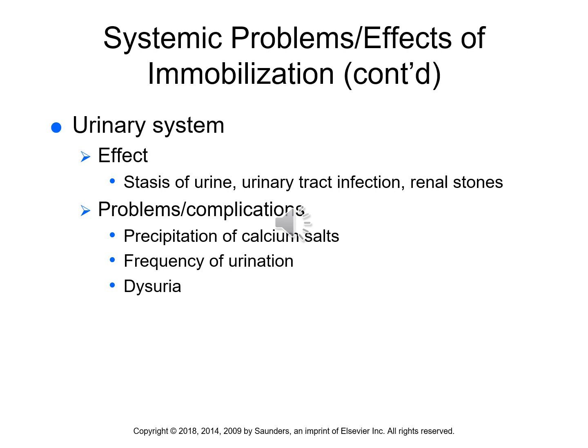So some things you can do to prevent urinary issues in a person that might be immobile. Obviously, we're going to monitor their intake and output, monitor for pain on urination or dysuria, and any changes in the urine that you might notice. Foul smelling urine.